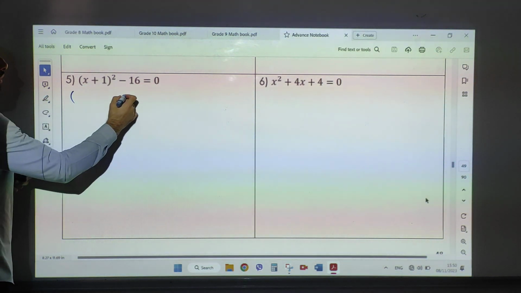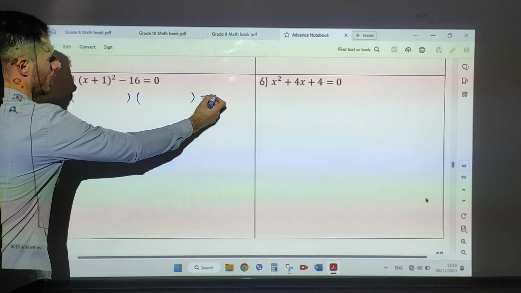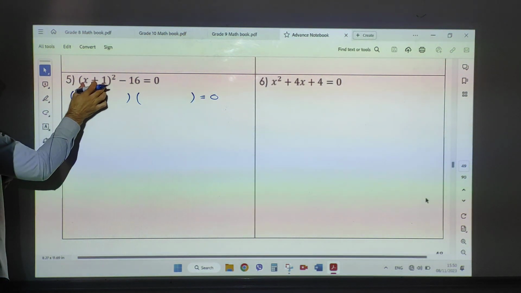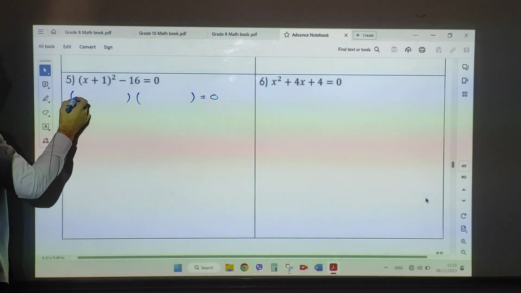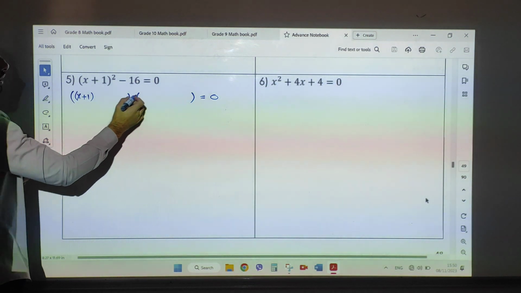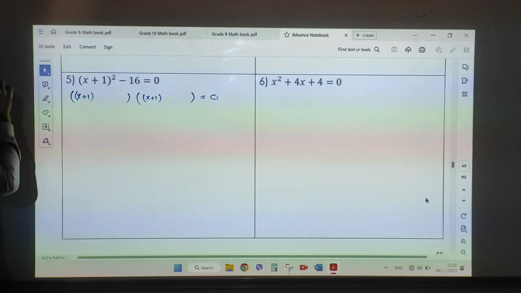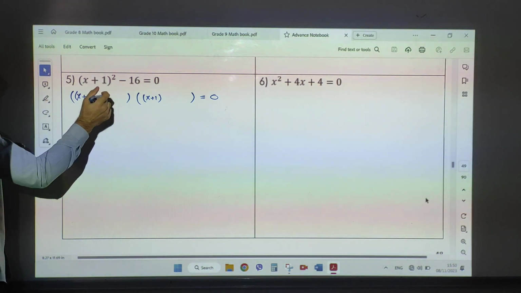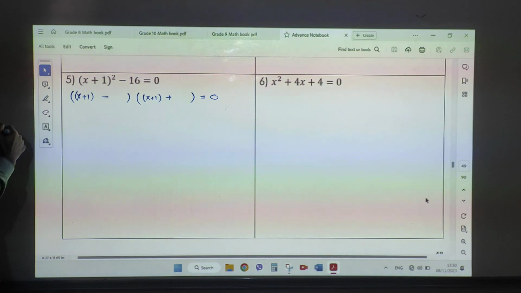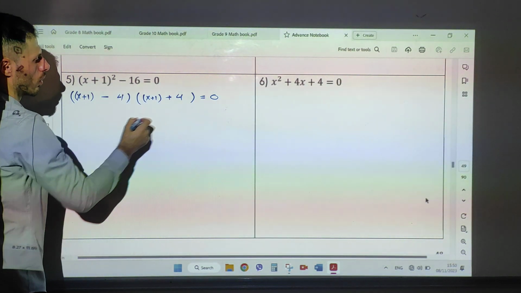In difference of two squares, we can open two brackets, equals 0. The first one, x power 2, we write x plus 1, x plus 1, the same, the first term. The sign in between: plus, minus, minus, plus. This came from 4, 4.